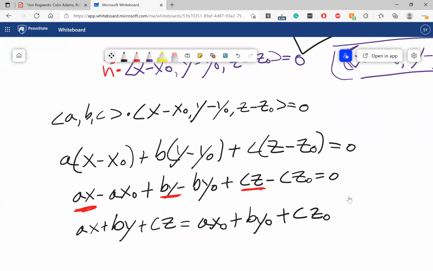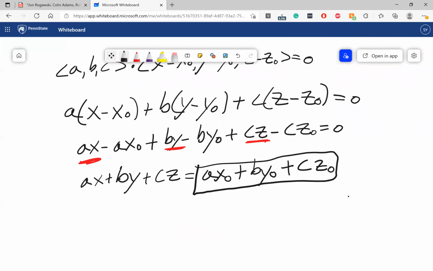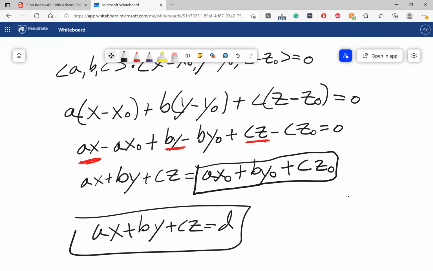And this is just a constant. ax0, by0, cz0 is just a constant. So we can say ax plus by plus cz is equal to d. And that's how we get the equation for our plane.